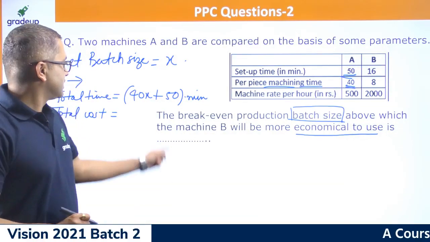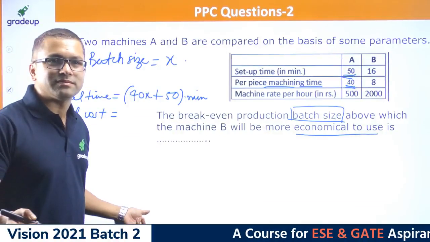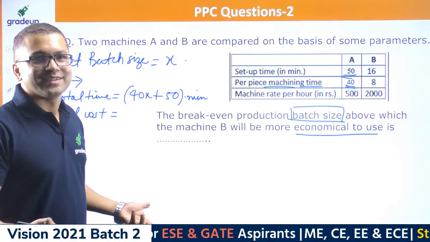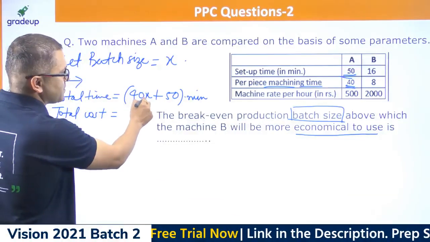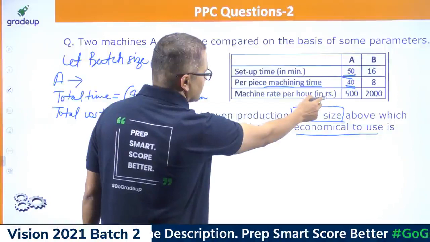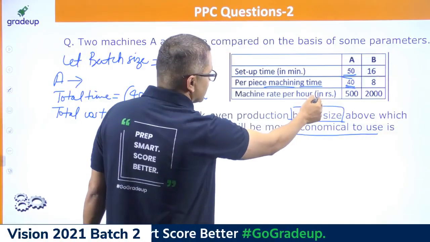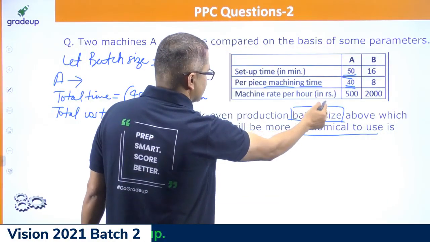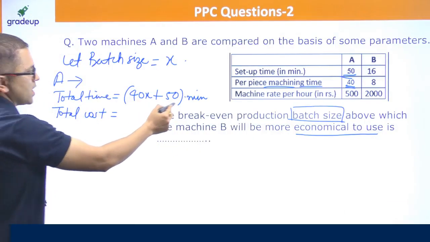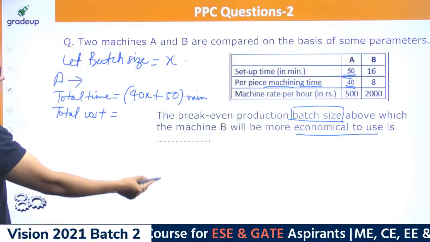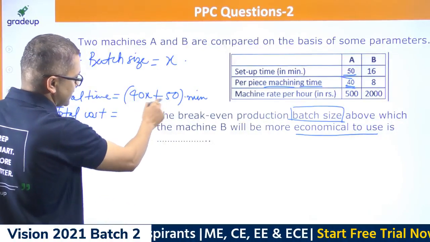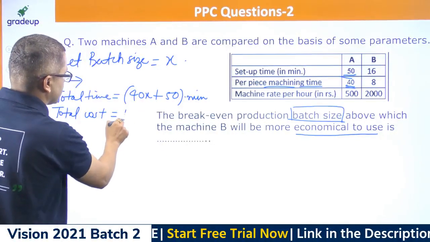No, because total time is this one. So can you please tell me what should be... Ankit, just hold on. Okay, fine. So this is the total time. Machining rate per hour is 500 rupees. So it means that in 1 hour, the cost is 500 rupees. So in these minutes, how much should the cost be?